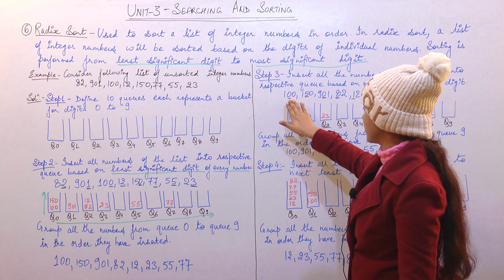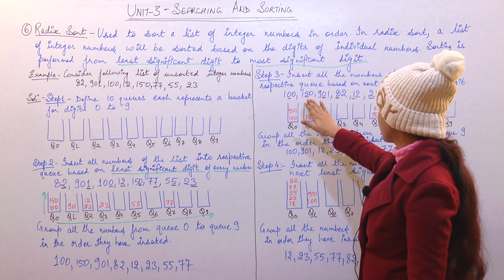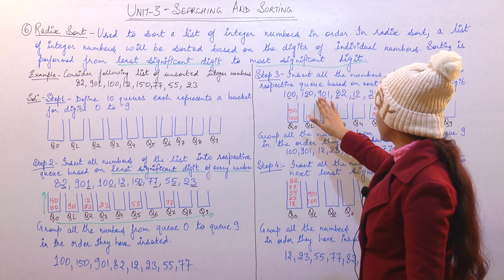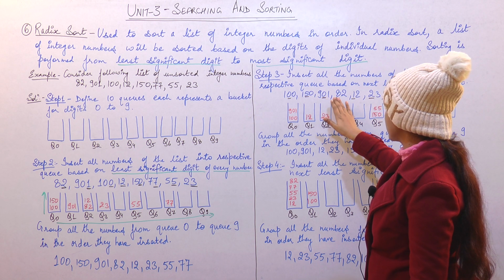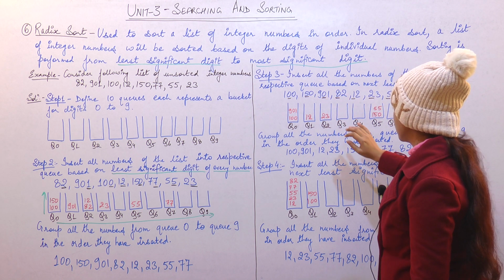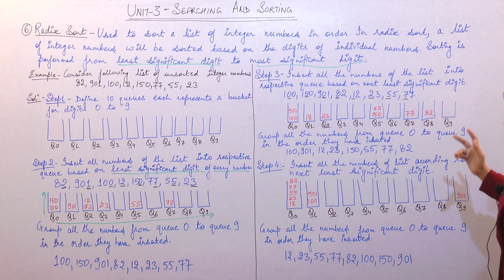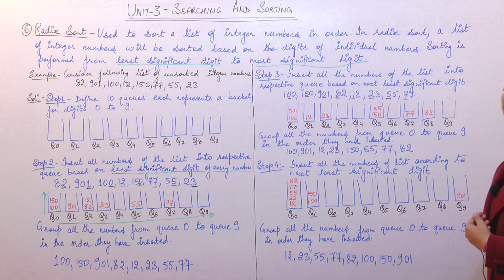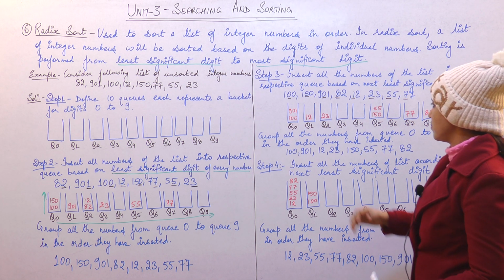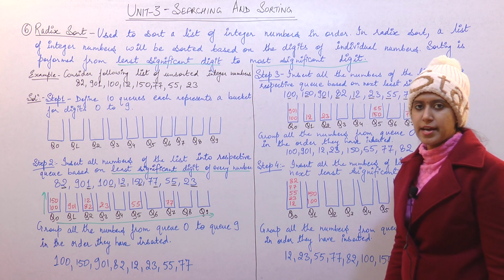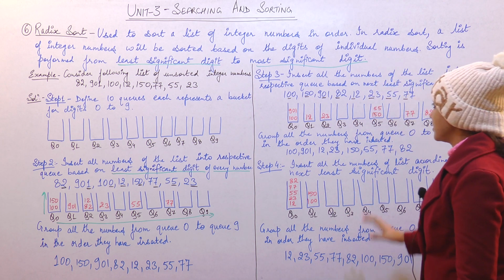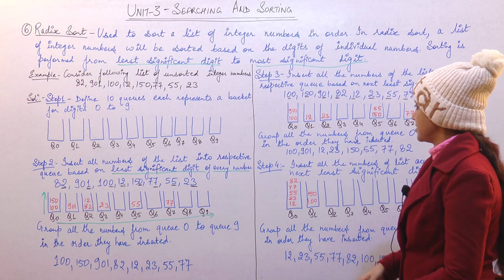In 100, 0 is at tens place, in 150, 5 is at tens place, in 901, 0 is at tens place, in 82, 8 is at tens place. We have already highlighted them so that it's easier for us to directly insert all these numbers according to the digits.